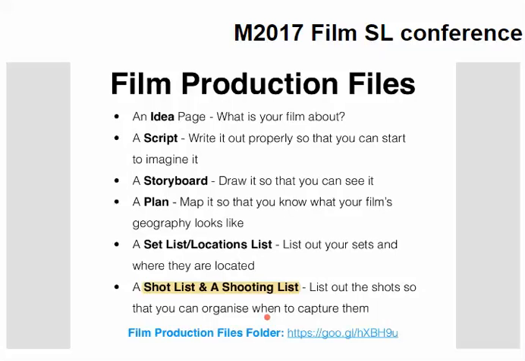It is very rare that you shoot your script in the order that it is written. What you do is you gather together all your locations and you shoot via location and set. And no matter where that event happens in the script, you shoot all those scenes on one day. Does that make sense?